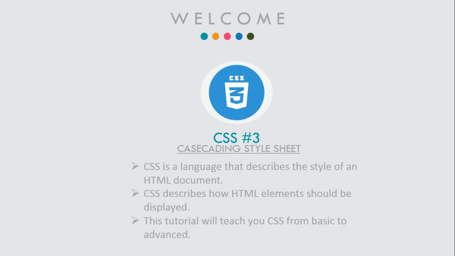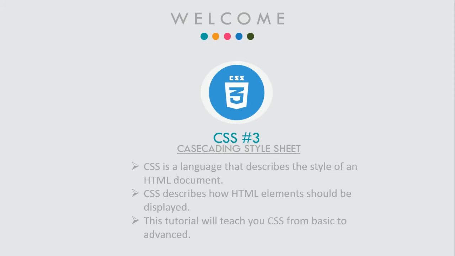CSS stands for Cascading Style Sheets, and CSS is a language that describes the style of an HTML document. CSS describes how HTML elements should be displayed, and this tutorial will teach you CSS from basic to advanced.